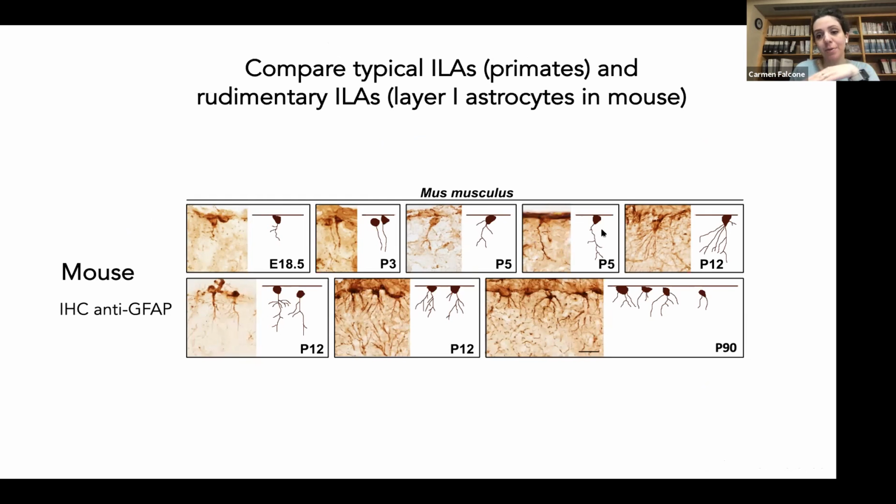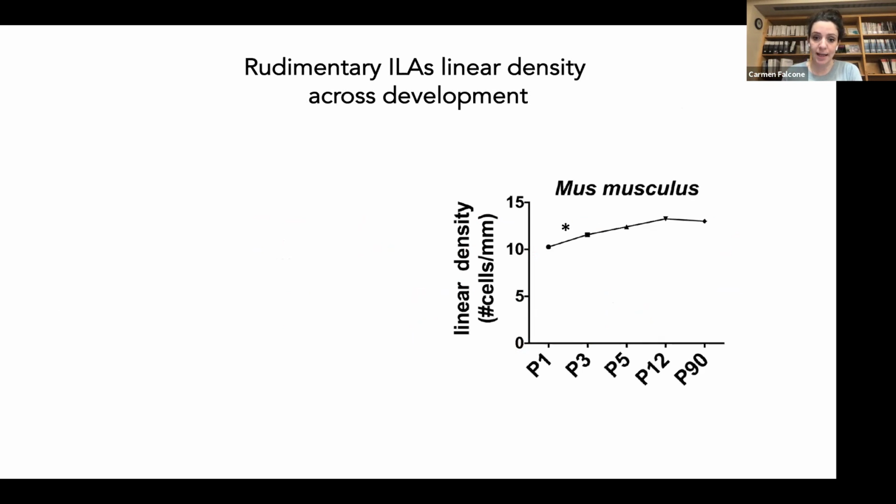And you can already appreciate in these pictures that from embryonic day 18 in mouse, so the gestation in mouse is about 19 days, they have these short processes, and the processes are growing up to P5, P12, but not much more after that. So they seem to reach a plateau of morphology much earlier than the primates.